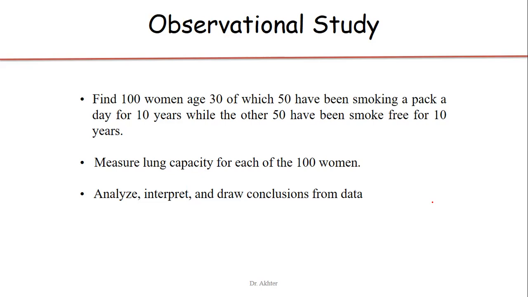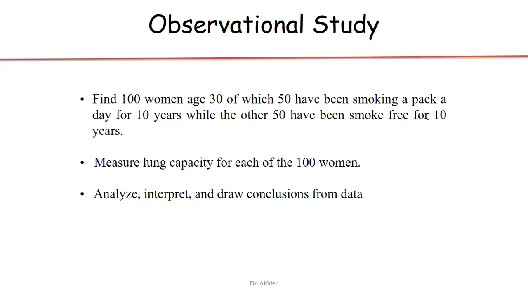So we do not have to wait 10 more years to get this data set. We just prepare questionnaires and distribute them to 100 randomly selected women, in which 50 were smoking for the last 10 years and 50 never smoked in the last 10 years. Then data is gathered. This type of data collection is called observational study. So in the observational study, immediate data can be obtained by questionnaires.